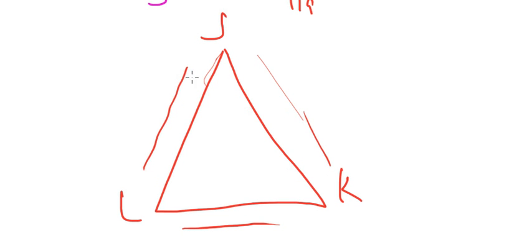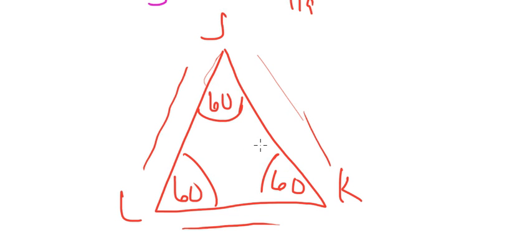So what is that telling us in essence, guys? The sides. Yeah, it's telling us all three sides are the same length, right? So if all three sides are the same length, what is each angle going to be? 60 degrees, right? All three are going to be 60 degrees.